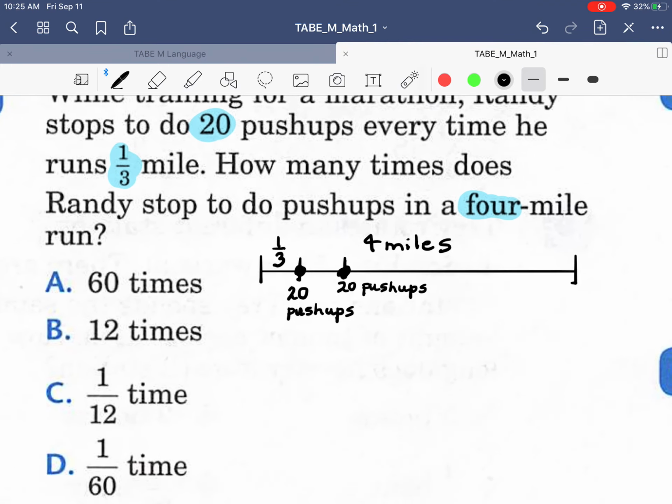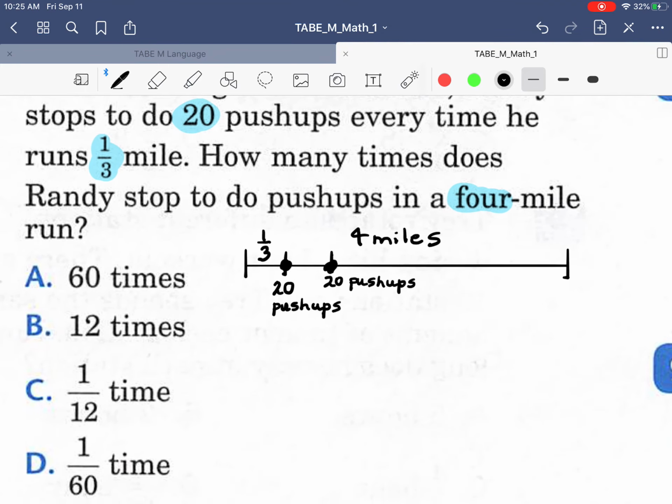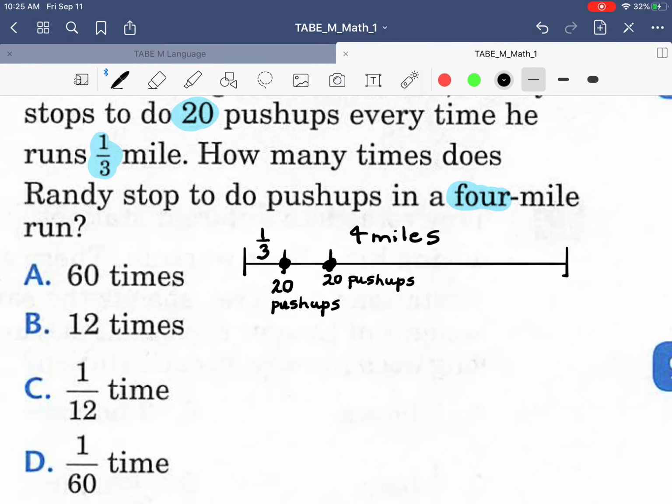So you see the picture and how the numbers work together. The question is not how many push-ups does Randy do. Here's the question. How many times does Randy stop? So we're looking for how many of these dots would be along that whole line.